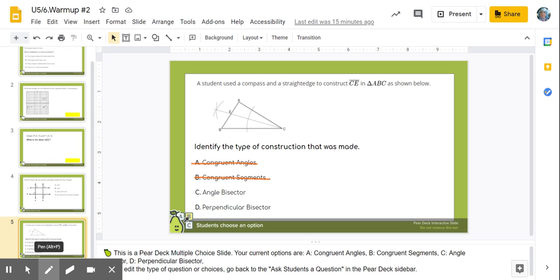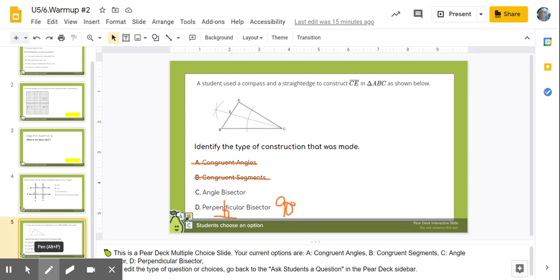So between angle bisector and perpendicular bisector, what can I eliminate? What's bisector mean? To cut in half. What's perpendicular mean? The perpendicular symbol is that upside down T. What do I have when I get that upside down T? What kind of angles? 90-degree angles.